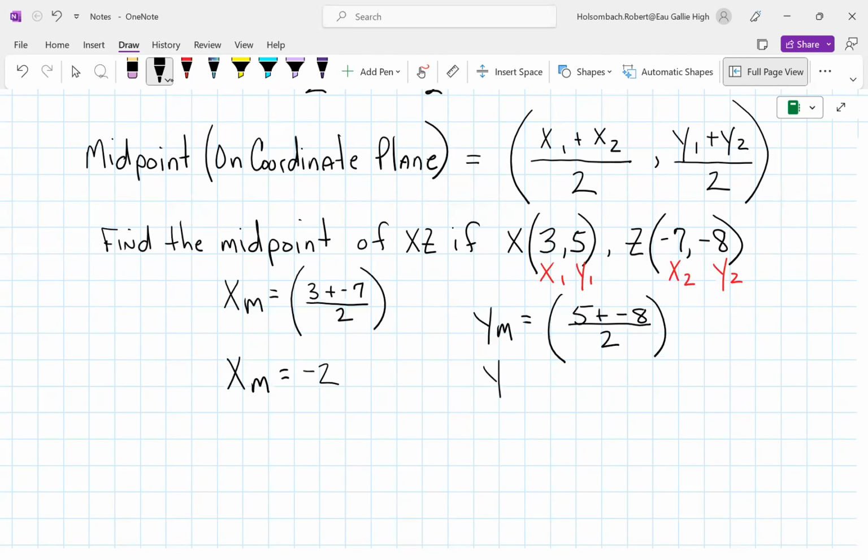And then our y at the middle, 5 plus -8 is going to be -3 divided by 2, -1.5. So now this is how we list our midpoint. Our midpoint is at -2, -1.5.